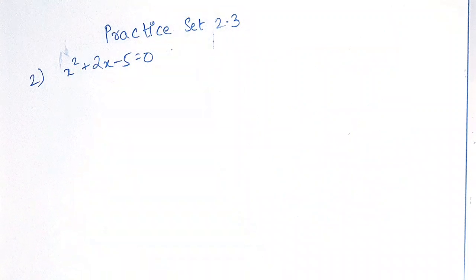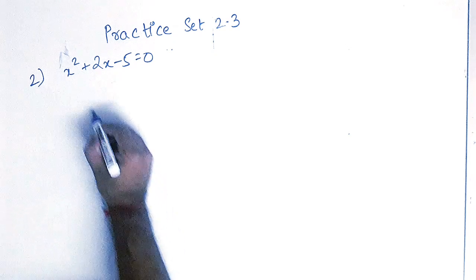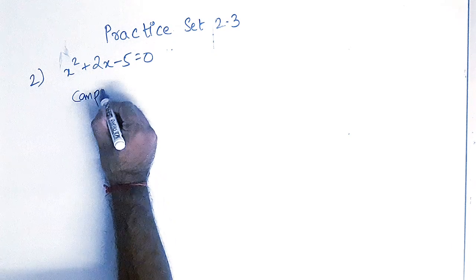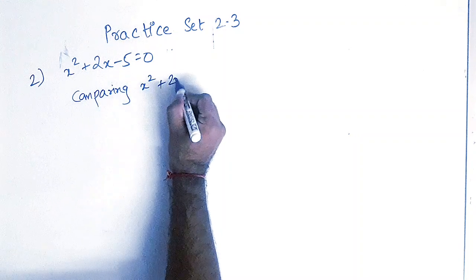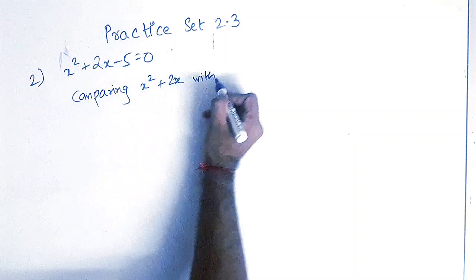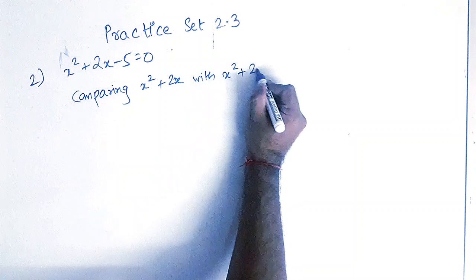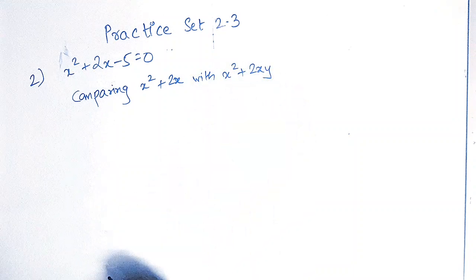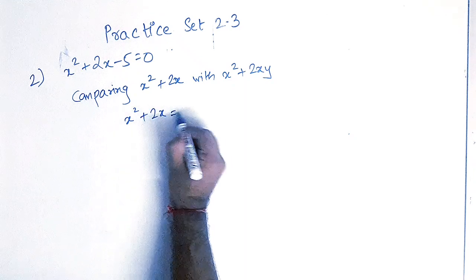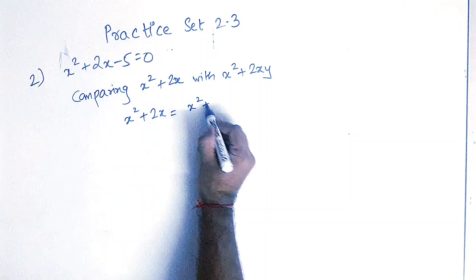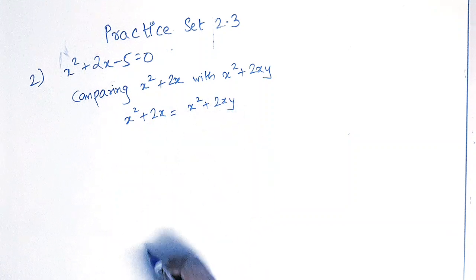So the second one is x square plus 2x minus 5 equals to 0. You know, the first step we do is comparing x square plus 2x with x square plus 2xy. So what we get is x square plus 2x is equal to x square plus 2xy.